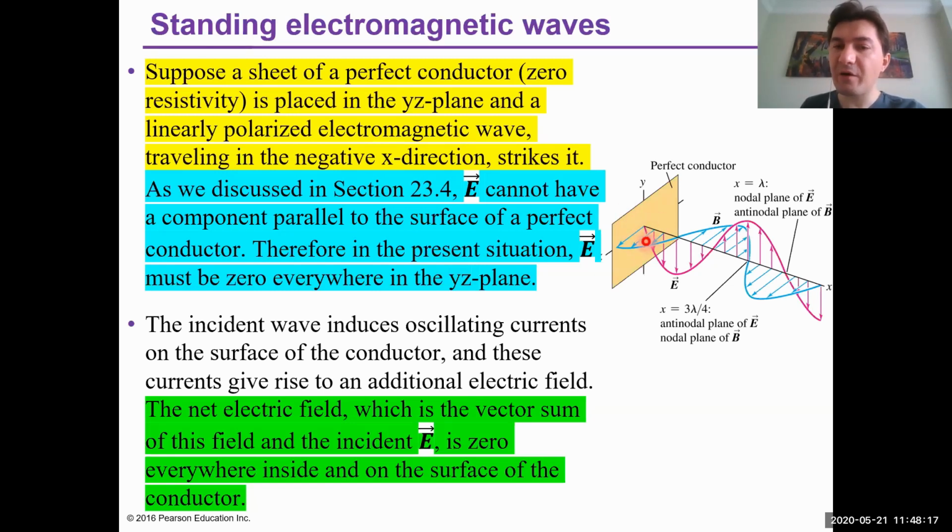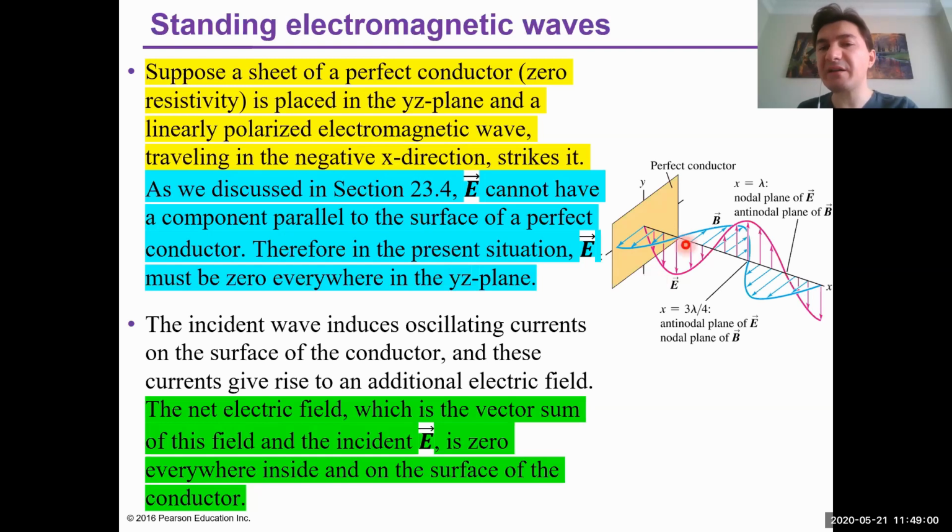So due to the oscillating electric field, we will have movement of the charged particles, then we will have current in the conductor. This current will produce an additional electric field within the conductor, okay? So then the net electric field, which is the vector sum of this one produced on the conductor and the incident electric field, is zero everywhere on the surface and inside of the conductor. Is this part clear? If not, let me know.